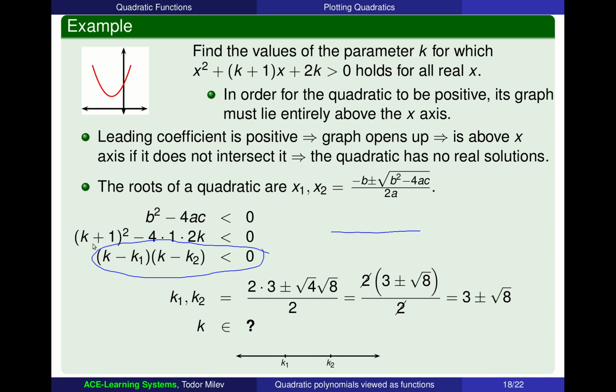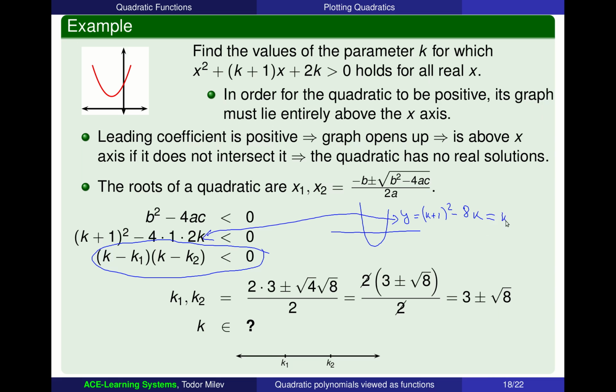Here what I'm seeing is a function of k. So I'm having some function y equal to k plus 1 squared minus 8 times k, right? So that's this expression here. That's a quadratic function. We can also uncover the parentheses and rewrite it as a proper quadratic function.